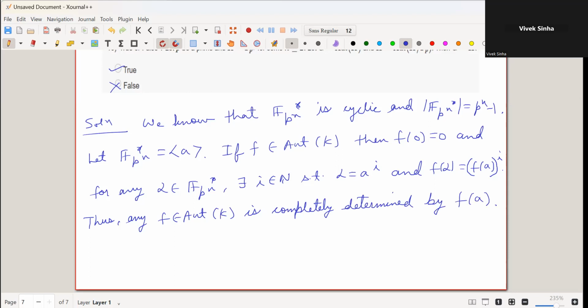Okay, so it's just to see where a is mapped, because a is the generator of F_{p^n}*. So it's just to see where this generator is mapped.